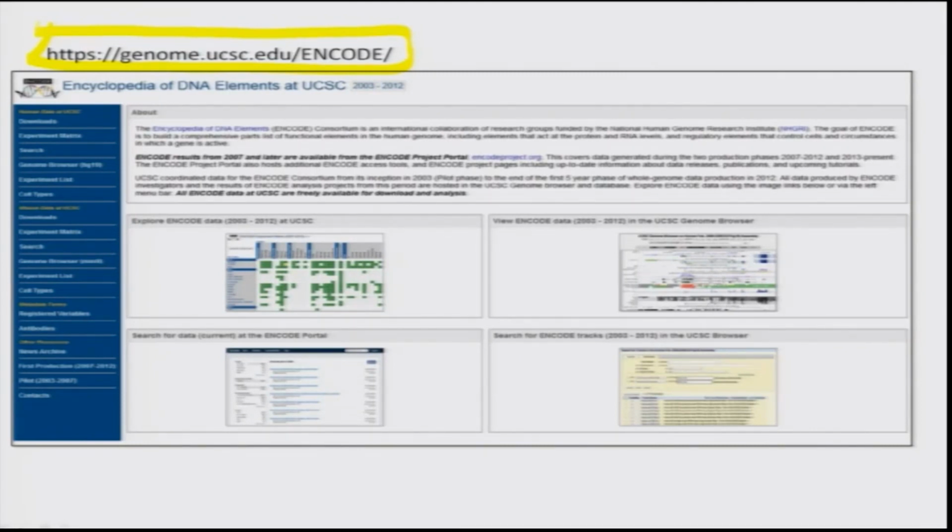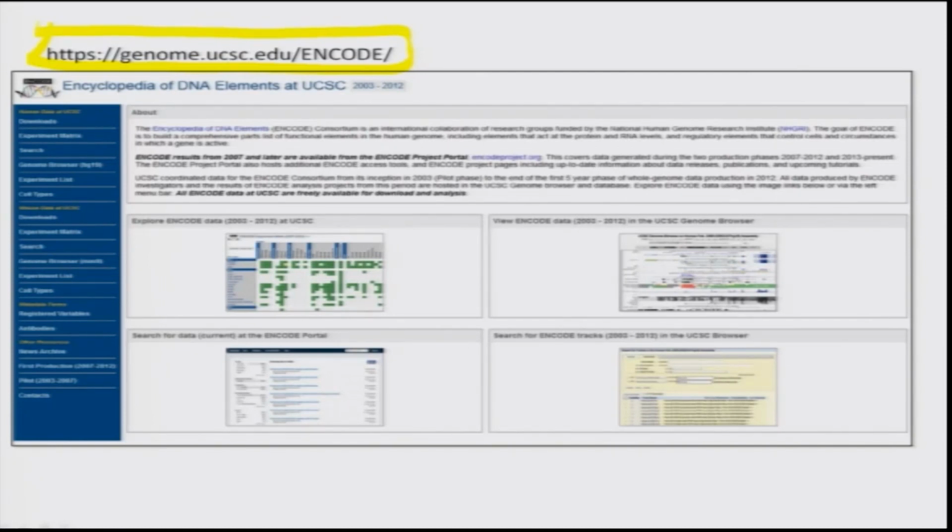If you really want to understand what the genome revolution has done to our understanding of the genome, this is one of the very good websites, and it's very educational. There are many good links where you can understand how it has really changed the way we understand the genome.